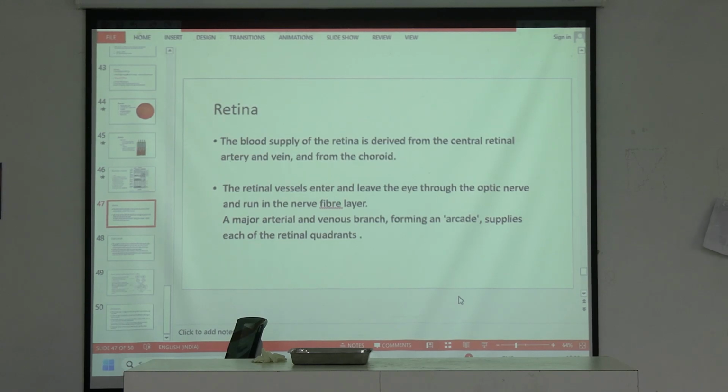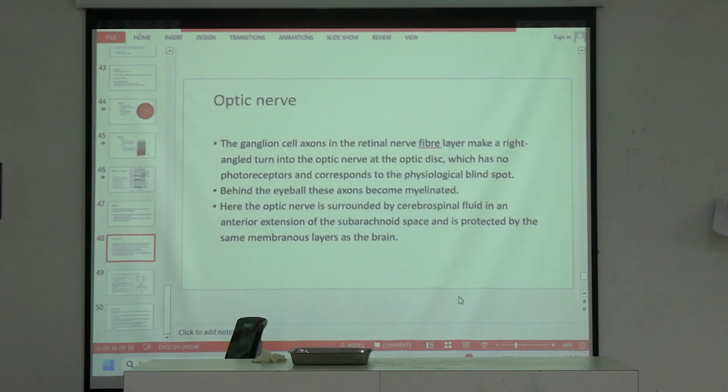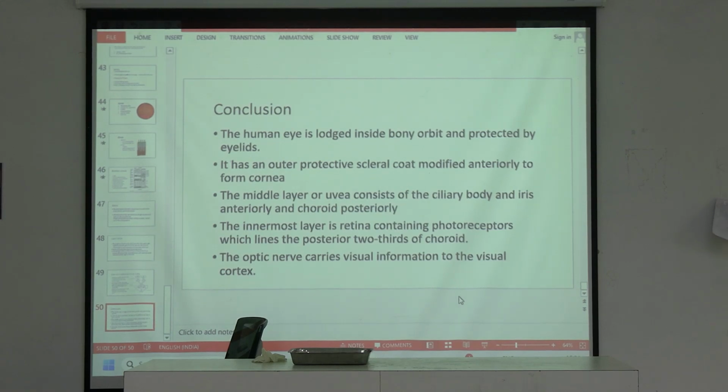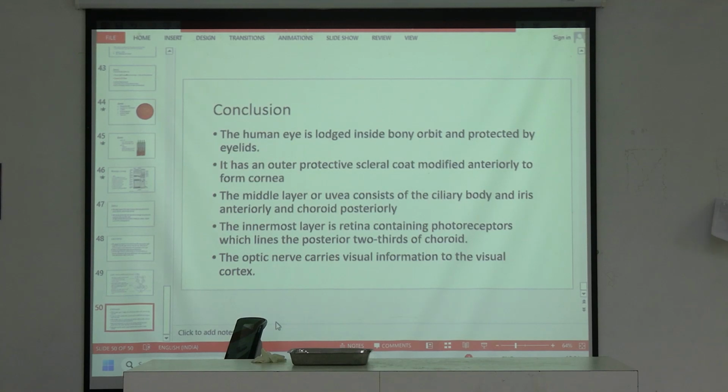If the central artery of the retina is blocked, there is sudden loss of vision. And this optic nerve is coming from 3 millimeter medial to the posterior pole of the eyeball. So the blind spot, we got it. That is, the blind spot is nothing but the optic disc.